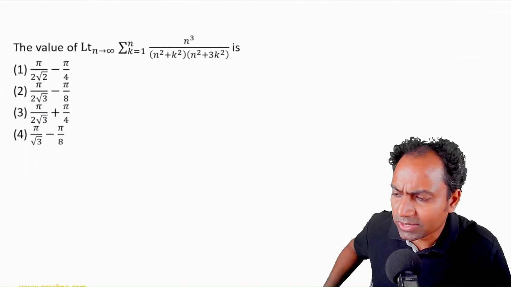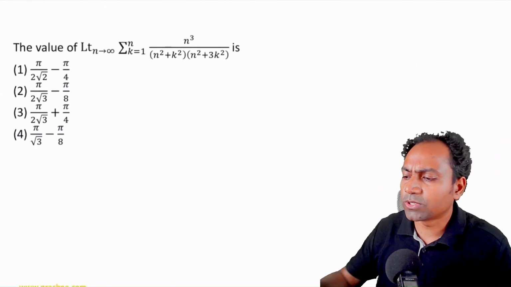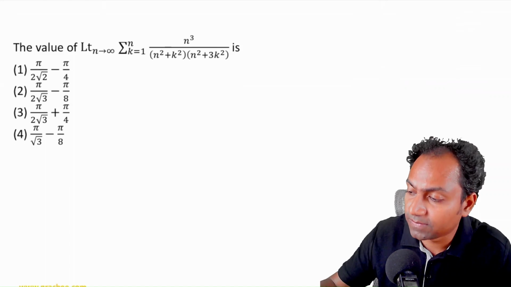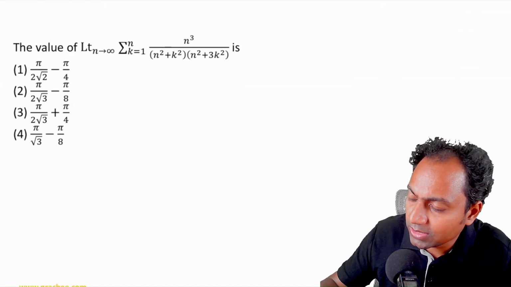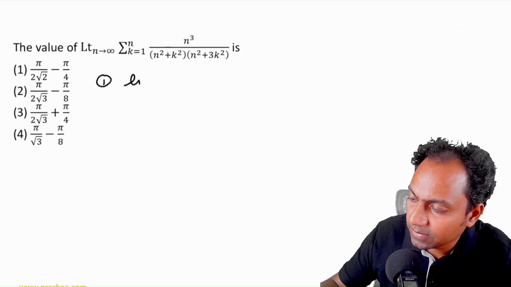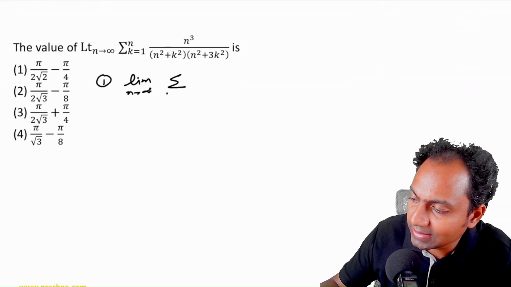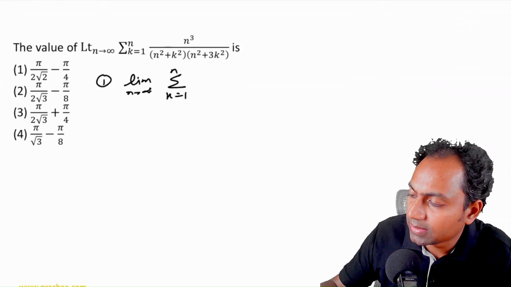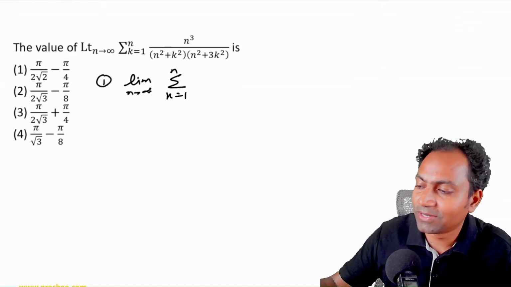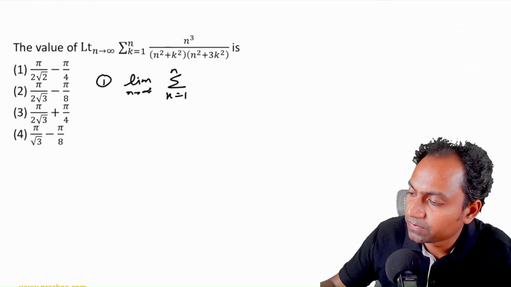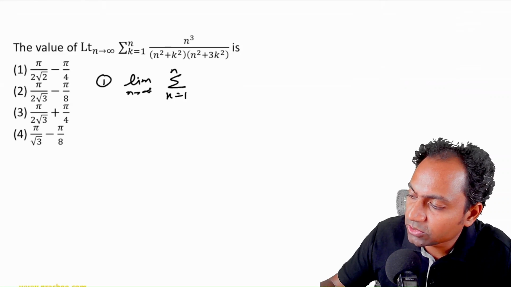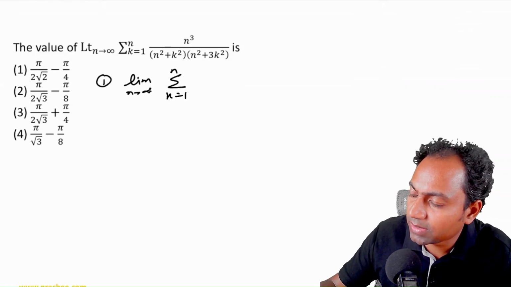Now if I move towards the next question, this is a question based on integral as a limit of sum. So there are steps to this. First step, in limit of sum as integration, is to generate a function of r by n or k by n.